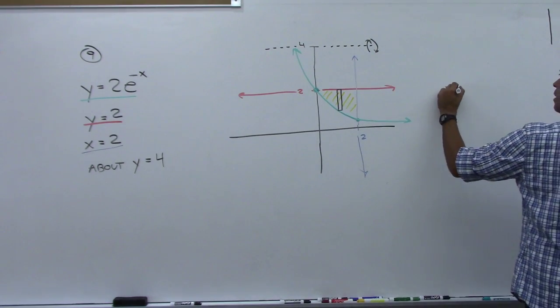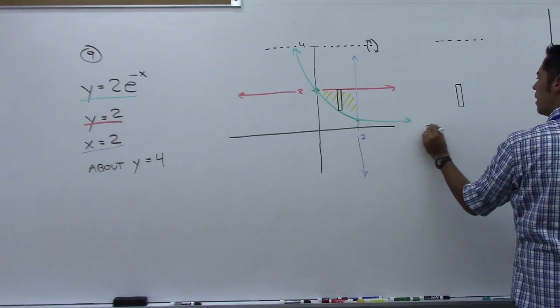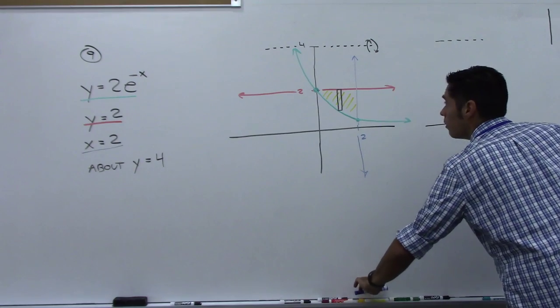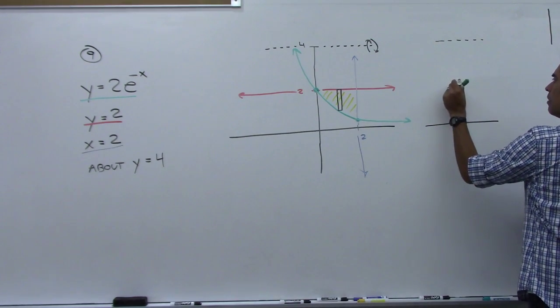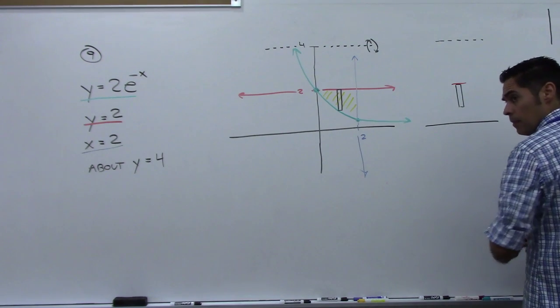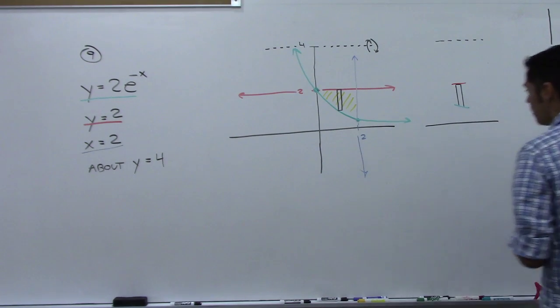So come over here and I draw the axis of rotation. My x-axis is down here. And what do I have there? Red, green. So my green one's on the bottom, red one's on top, green one is on the bottom. So I need to find my outer radius and my inner radius.